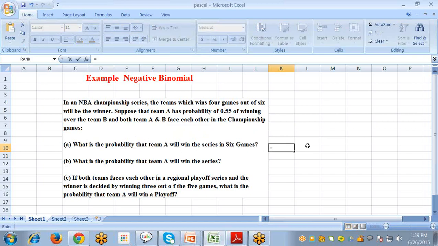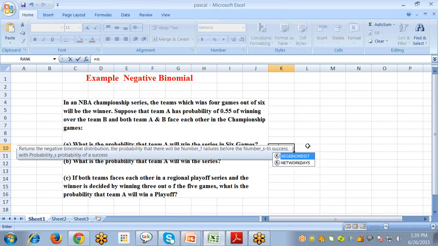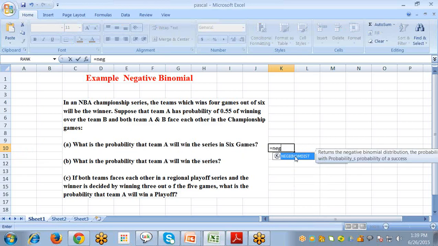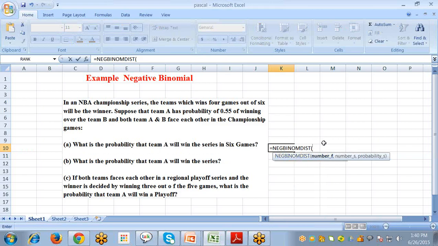So just select the cell and type the NEGBINOMDIST function, and pass the references for all the arguments. The first one is the number F, that means the number of failures.